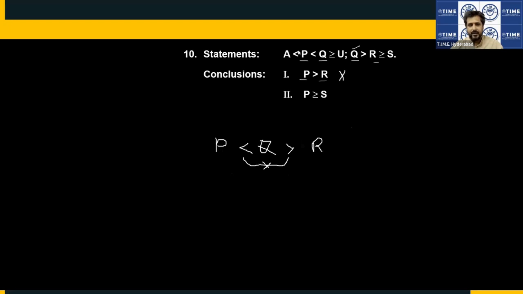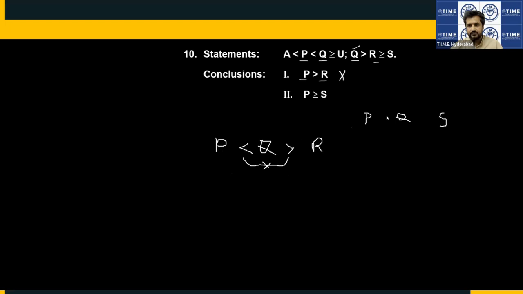P and S. Again, to combine P and S, the common term is Q. So let's take Q, and take P and S on either side. What is the relation between P and Q?